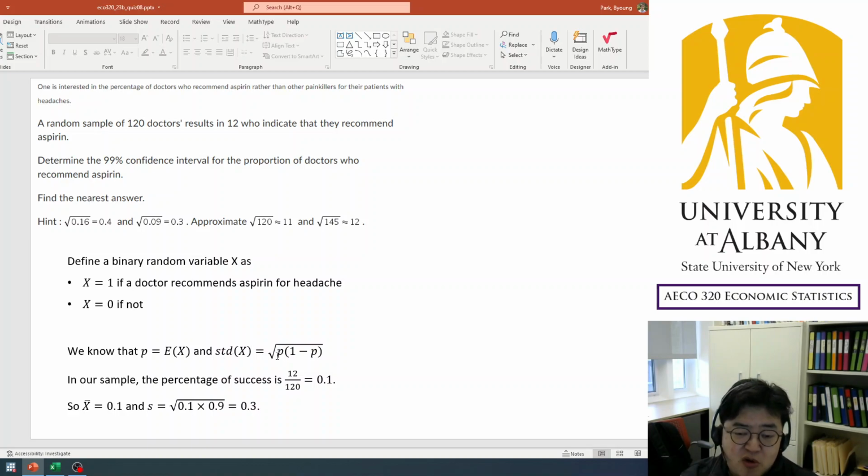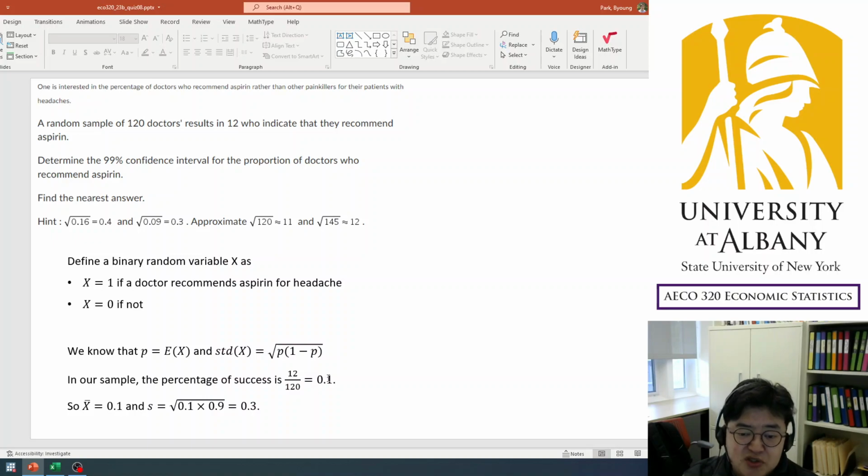And the standard deviation of the binary random variable takes this form. Inside the square root is the variance for binary. And in our sample, the only information about the data is like this. Among 120 doctors, only 12 are success. So the percentage of success in our data is 10%, 12 out of 120. So 10% is the sample average.